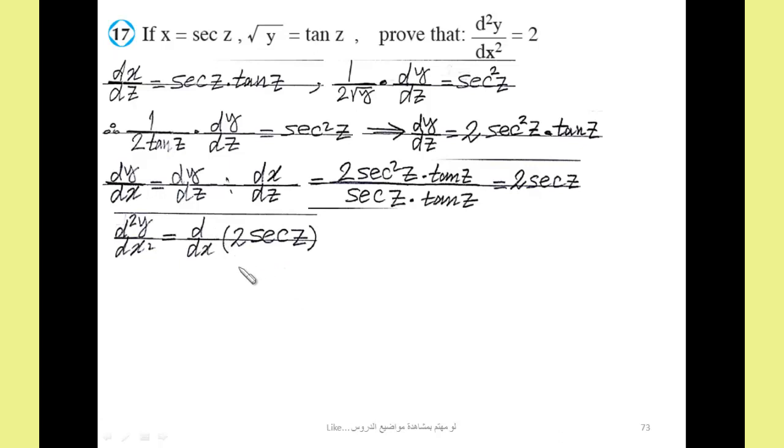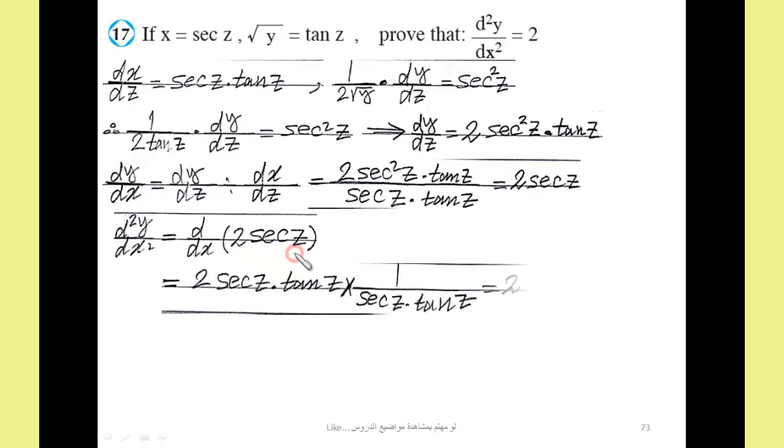So we'll make a differentiation of 2 sec z with respect to x. The derivative of sec z is sec z tan z. It will be 2 sec z tan z multiplied by dz/dx.